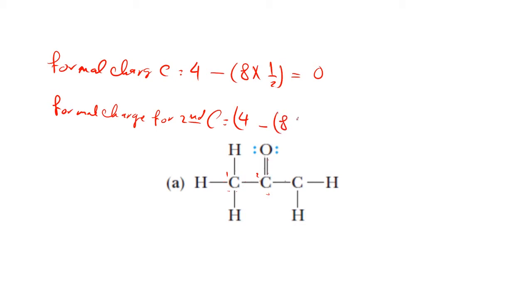I have 8 multiplied by half, which are my bonded electrons. In that case, I also have 0 formal charge on that carbon.